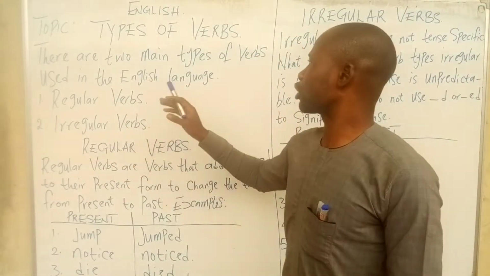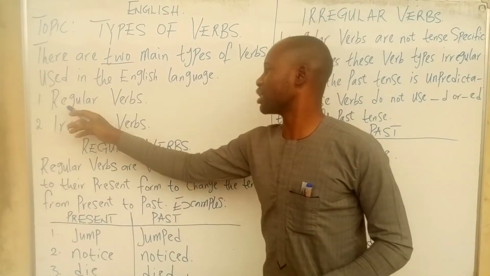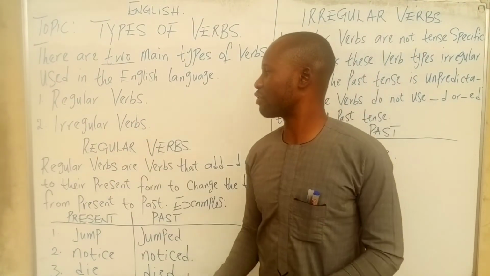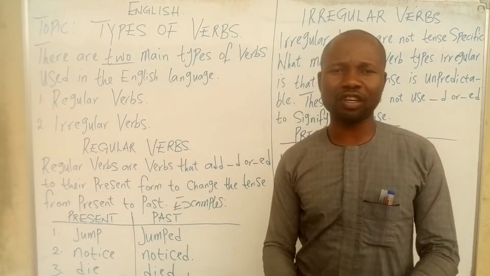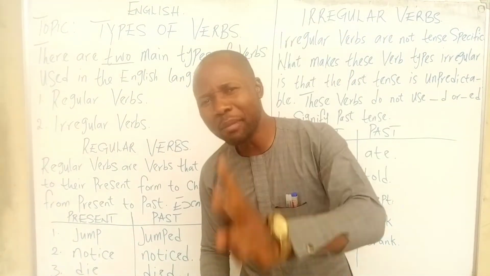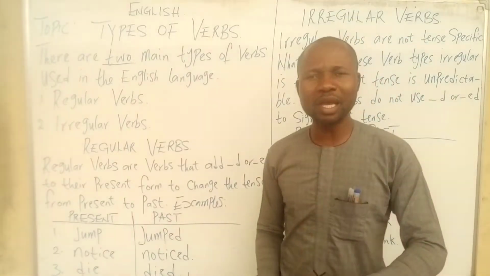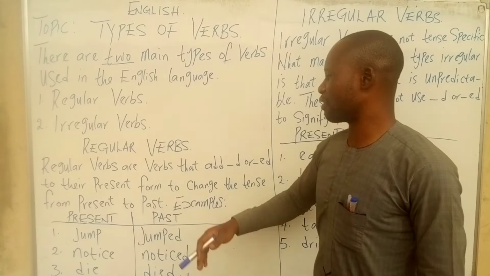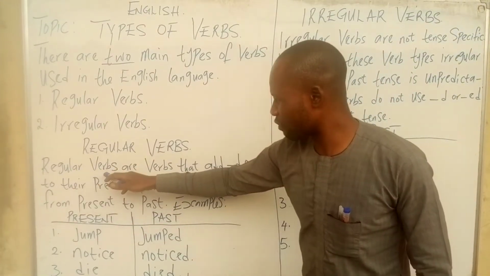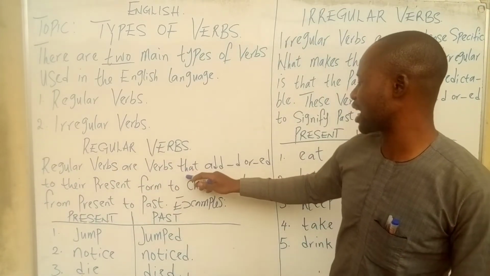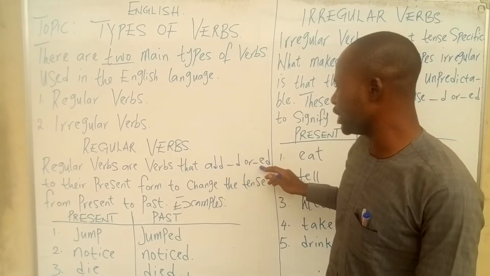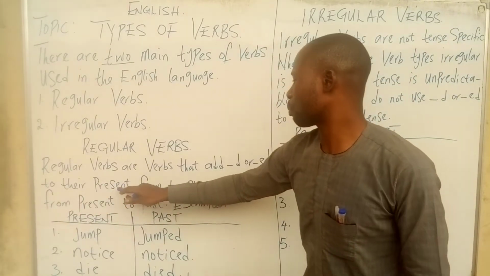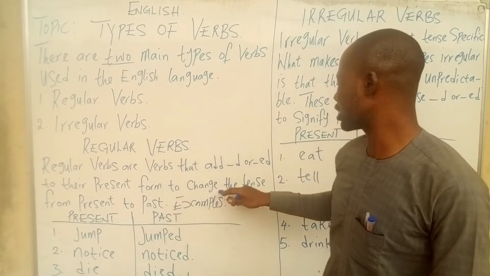Now let's quickly go there. There are two major types, please mark these two main verbs in English. Number one is regular verbs. Number two, irregular verbs. So these are the two main verbs in English. Regular verbs are verbs that add d or ed to their present form to change the tense.